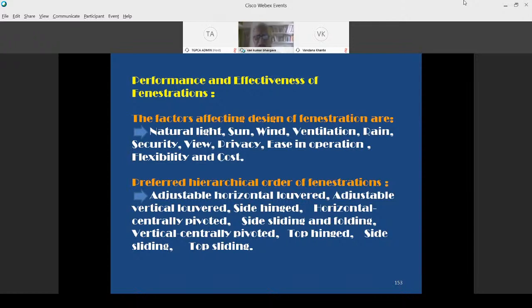Based on that, we can classify depending on your choice: excellent, very good, good, and so on. 80% is considered favorable, and below 30% is poor functional efficiency. Let's say up to 50% you can get.